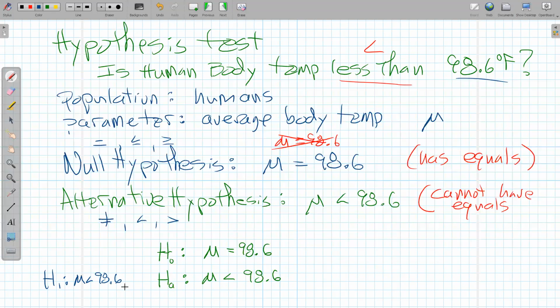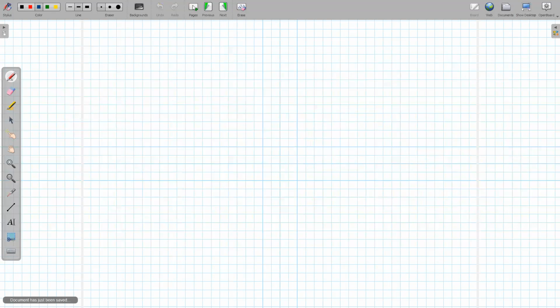Okay, so to make a hypothesis test, again, we have to have some knowledge about the population or some belief about the population, and we have to have a question, and we put these together in the two different hypotheses. And then we need a sample. So then we have to get sample data to test the hypothesis.